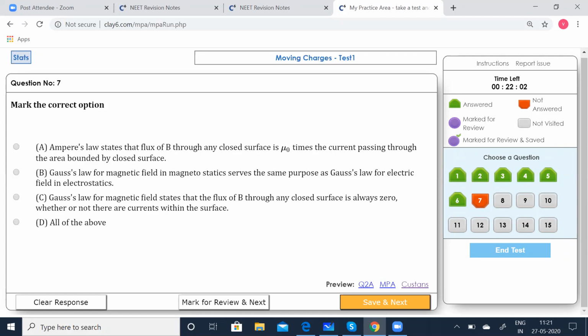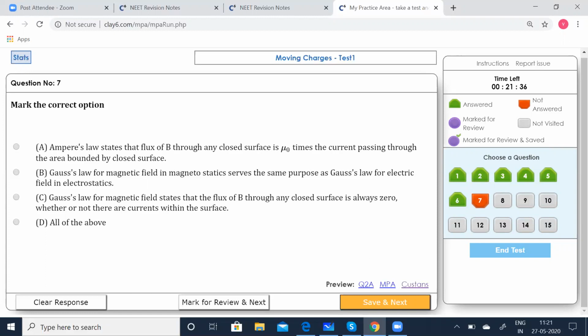The third statement says that Gauss's law for magnetic field states that the flux of B through any closed surface is always zero, whether or not there are currents within the surface. Carefully read all the three statements, children. Ampere's law, you know that it is for closed surface and it is also mu zero times, yes, that is true.